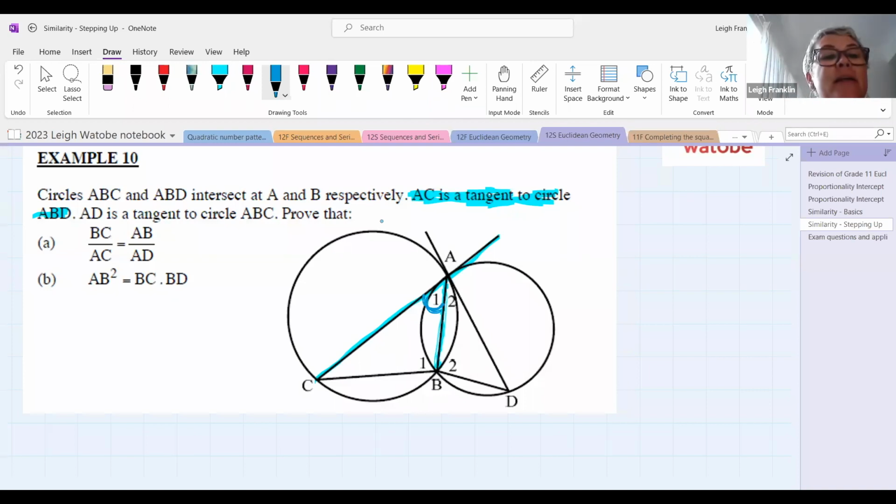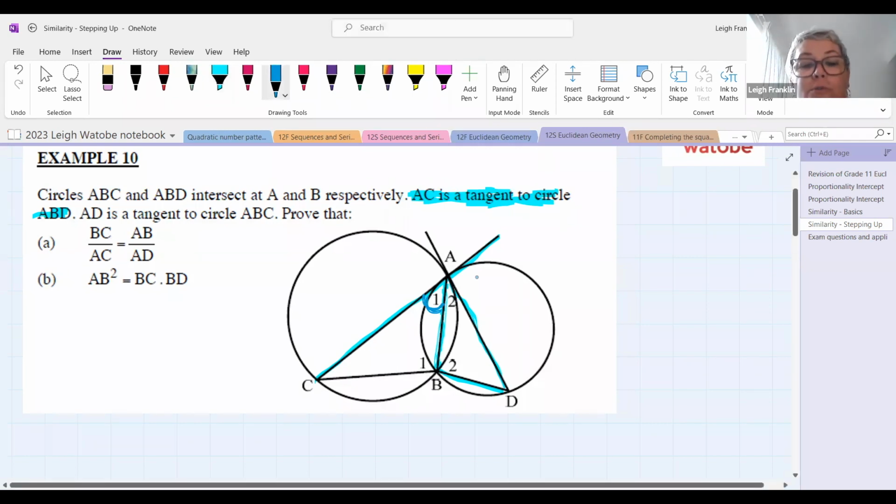Which angle is it equal to? The angle in the alternate segment. What angle is it equal to? Let's see what you guys say. Yep, A1 is right. Yes, Asanele, yes. Okay, Ayanda, the angle between the tangent and the chord, angle A1, is equal to the angle in the alternate segment.